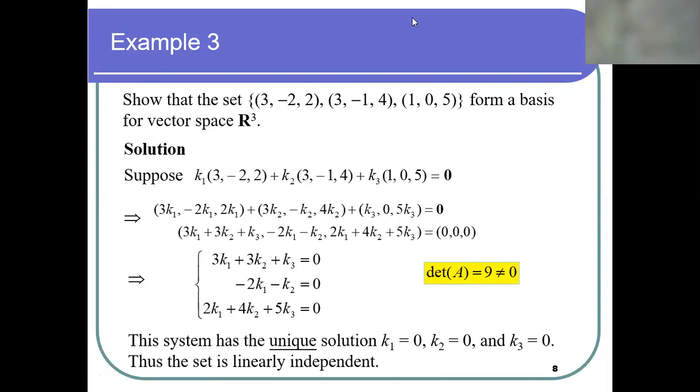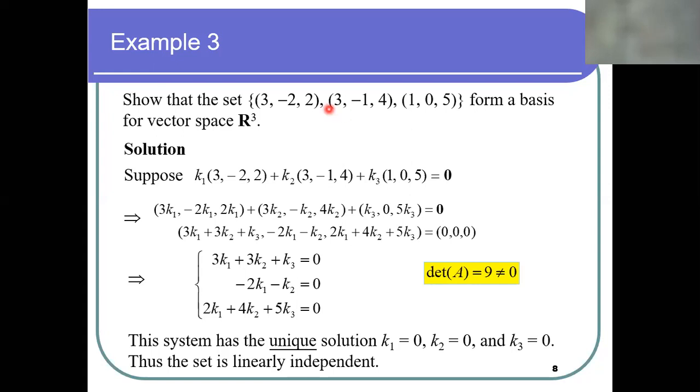These are the vectors we have to check for their nature with respect to basis. I mean to say I would like to find whether the vectors given in this set are linearly independent or whether they form a basis.